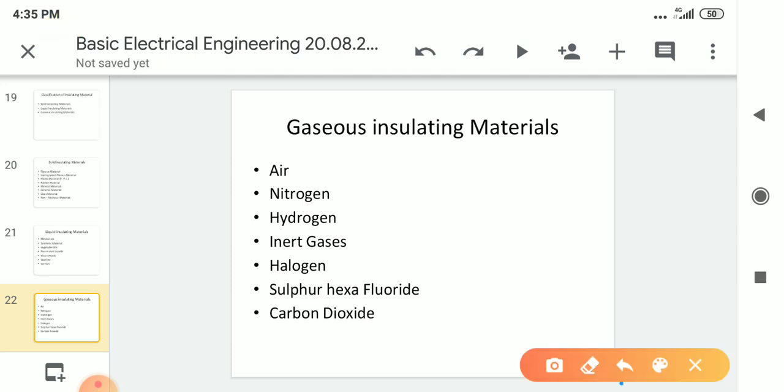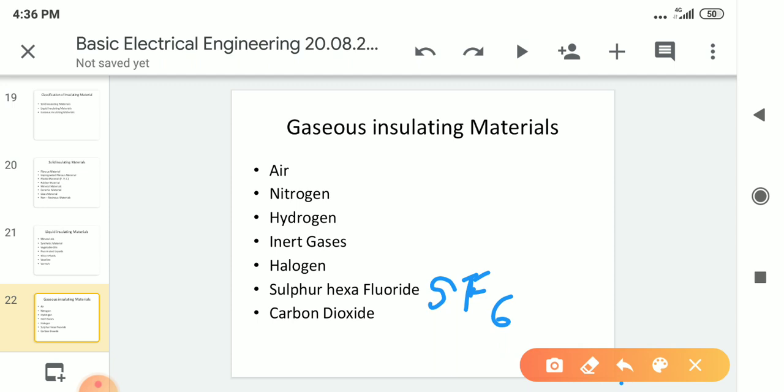Sulfur hexafluoride means SF6. Sulfur hexafluoride has very good insulating properties. Instead of using normal substations, sometimes we use sulfur hexafluoride; that is called a gaseous substation.